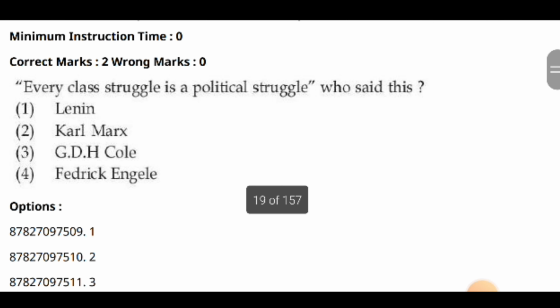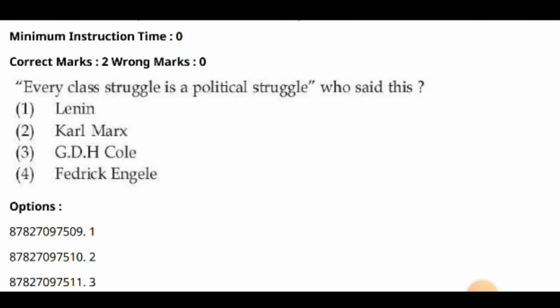Every class struggle is a political struggle. Who said this? It's Karl Marx. But you have to remember one thing: recently, there are questions which focus on books also. So they can ask the books of Karl Marx, G.D.H. Cole, Frederick Engels, and Lenin.